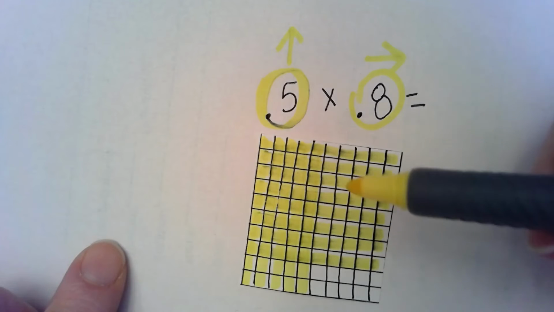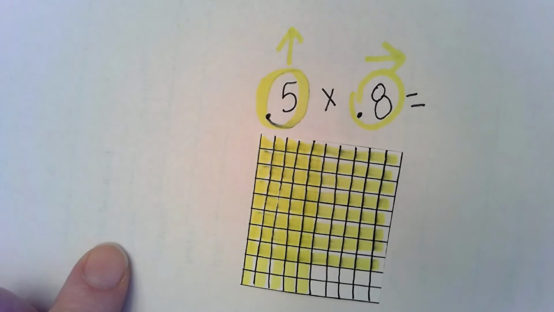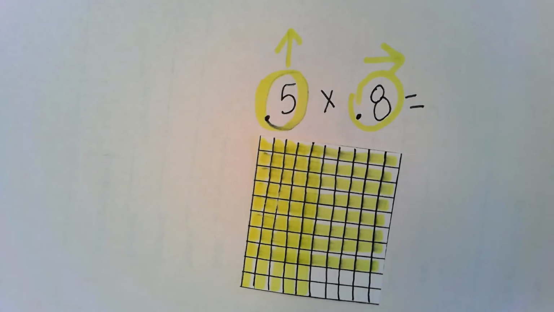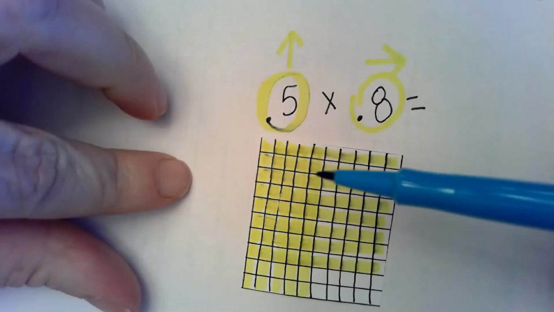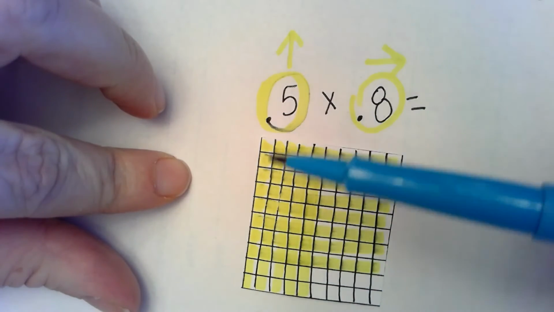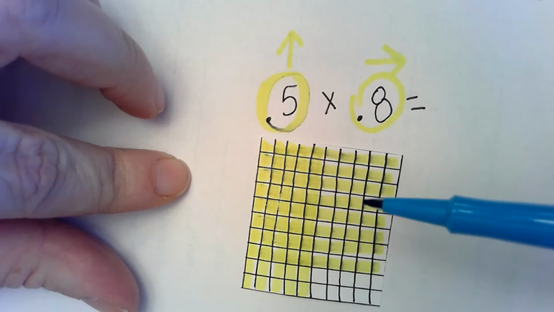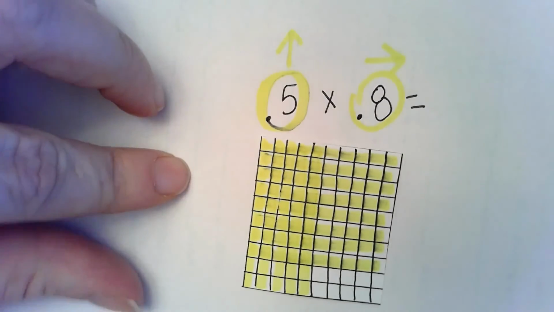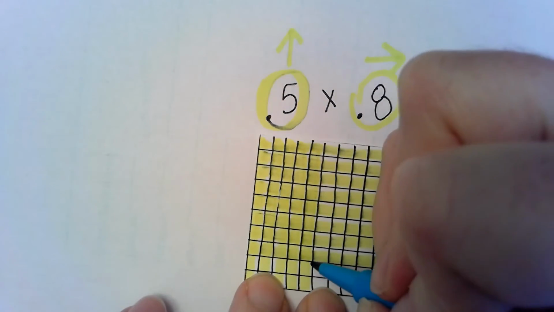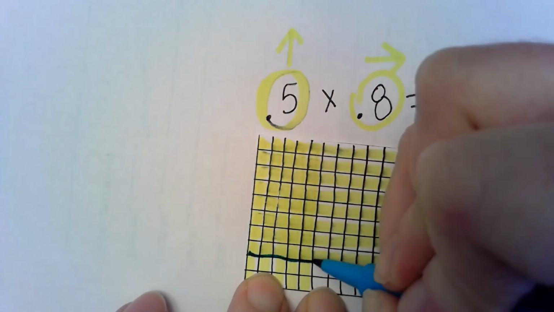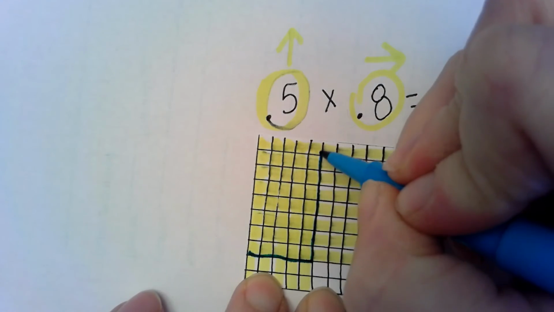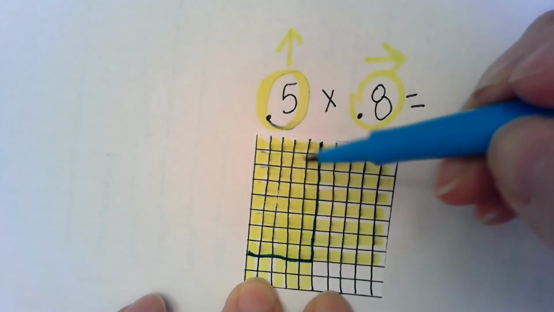Now, in order to figure out what 5/10 of 8/10 is, what I have to ask myself is, where do these colors overlap? Where do the vertical columns and the horizontal rows overlap? Well, I can see that all of this area that I am outlining in blue has overlap.